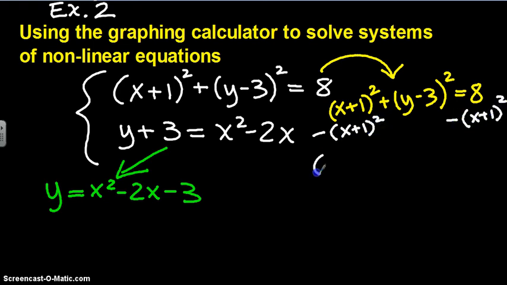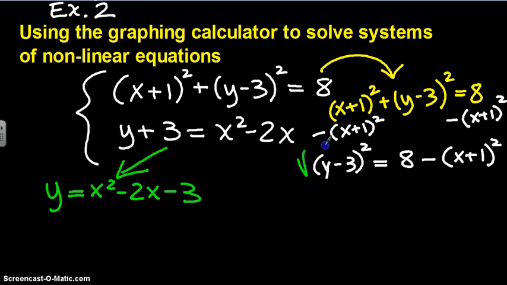Now I have (y minus 3) all squared, we sometimes say quantity squared, equals 8 minus (x plus 1) quantity squared. Now the next thing I need to do to get y alone is to get it out from underneath that exponent, the squared. So I'm going to take the square root of both sides.